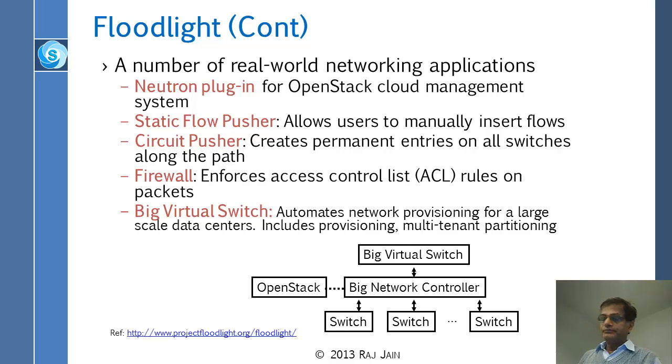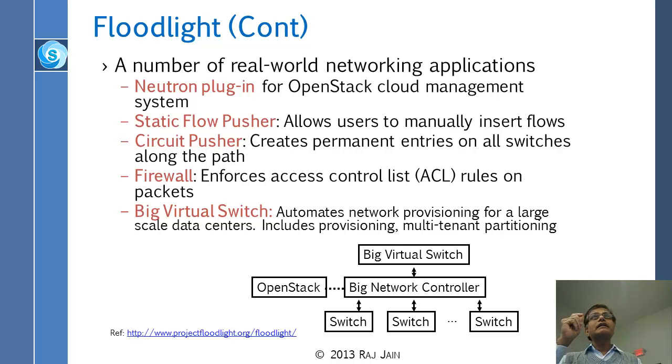Floodlight. All right. Now, Floodlight has a few more things. Neutron plugin. So first of all, what is OpenStack? For cloud computing. If you want to play with cloud computing, you download OpenStack, and that is the platform that many of the cloud service providers use. Now OpenStack has many plugins, many things you can do. One of the plugins is called Neutron.